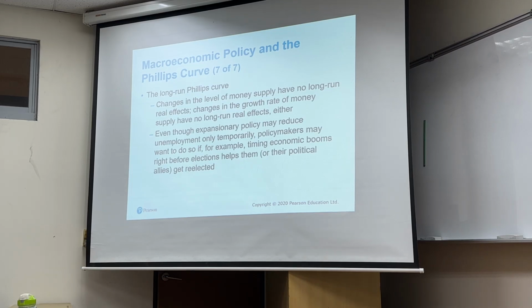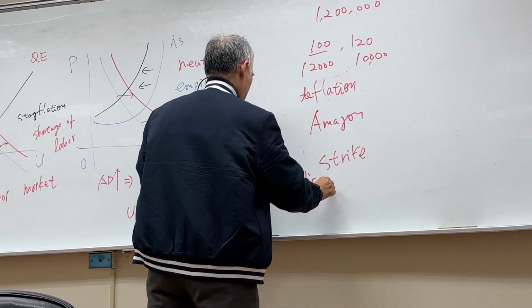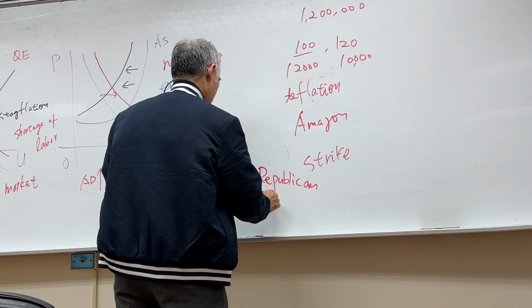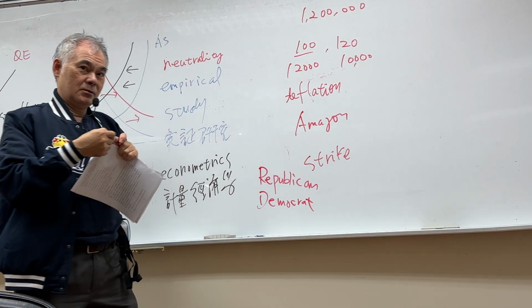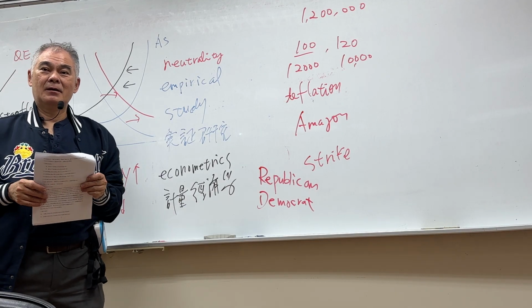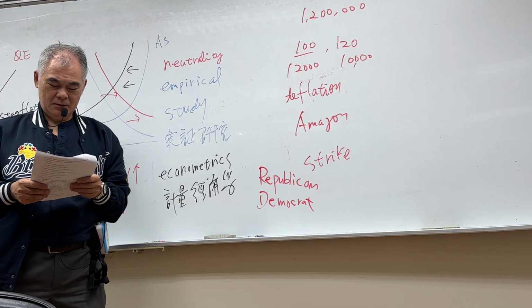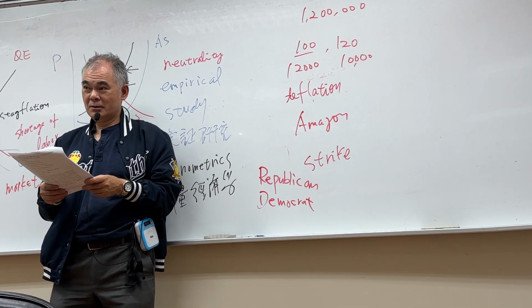There are two, right? Republicans and Democrat. Which one? Luo Zixuan.